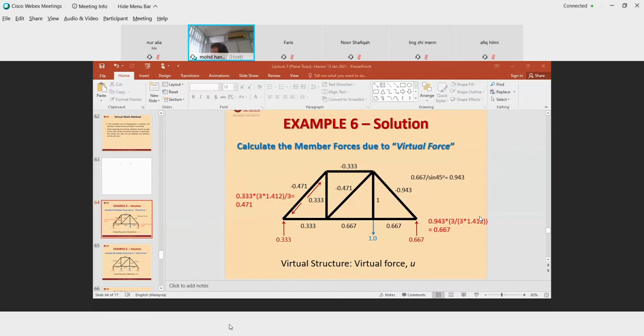Muhammad Ad-Din tak ada. Muhammad Faisal pun tak ada. Okey. Total participant, what is total participant? Forty-six. Total participant 46.